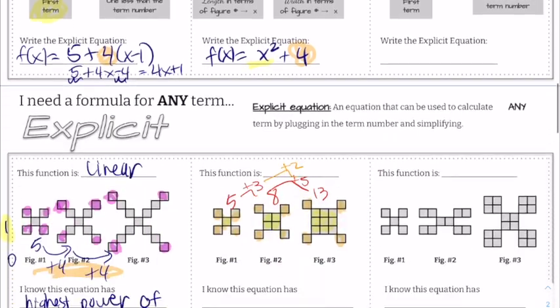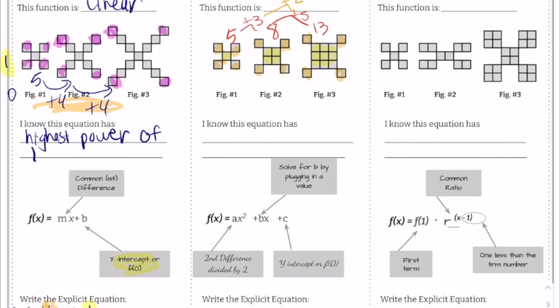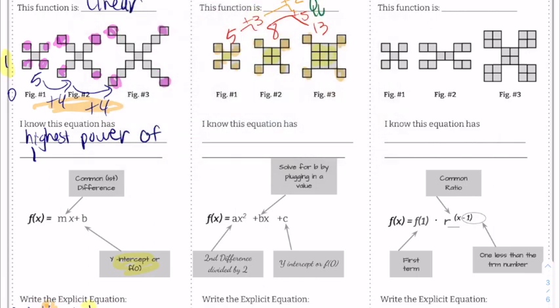So if we look at the other way that we can look at it, I filled out this part that we had already done. So we've got the numbers, so we know that this is quadratic. And we know that quadratic equations have a highest power of 2.